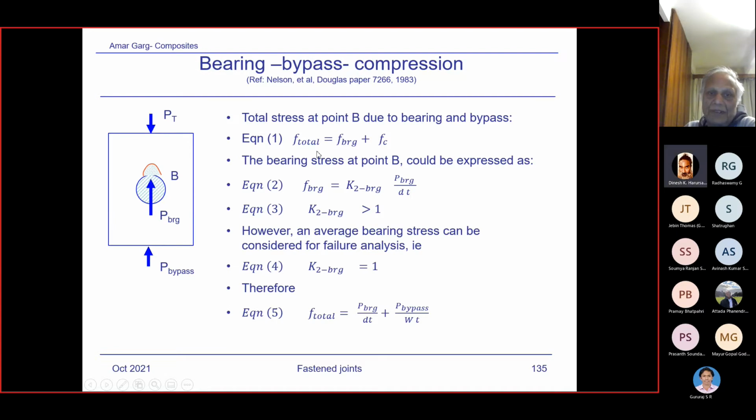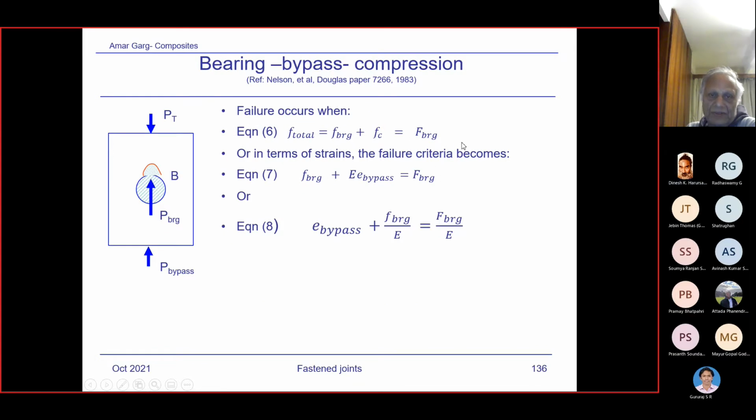So F total over here is equal to FBRG, the bearing stress, plus the compressive stress due to bypass. The bearing stress at point B could be expressed as KBRG into PBRG upon D T, and KBRG could be greater than 2, but we'll consider it 1. Therefore, the total stress is equal to PBRG upon D T plus P bypass, and we'll convert this in terms of strain.